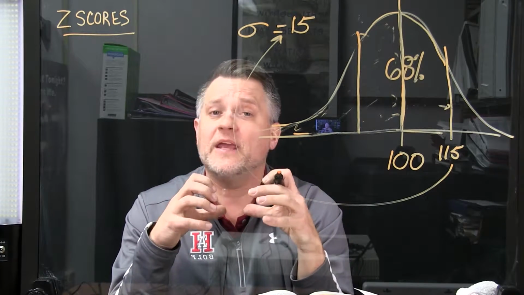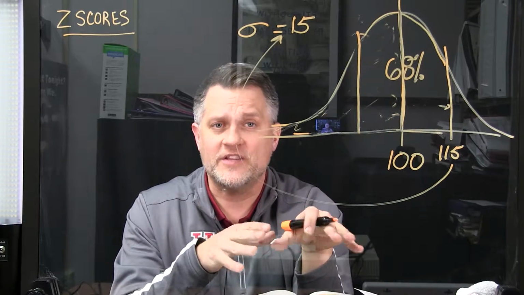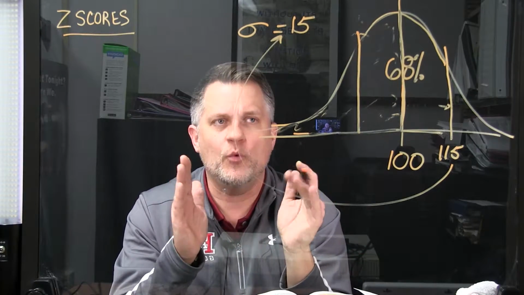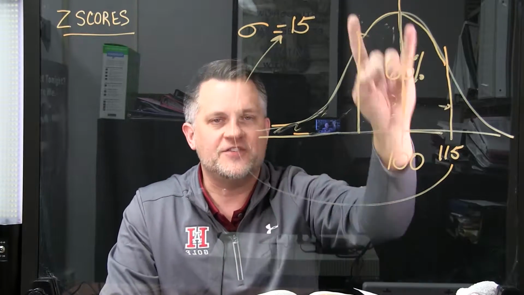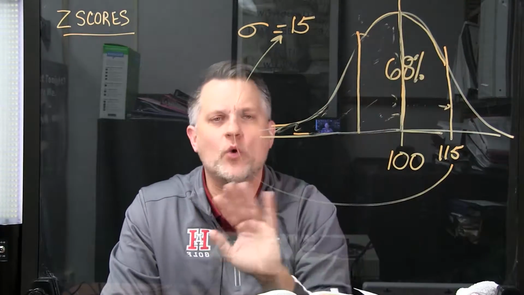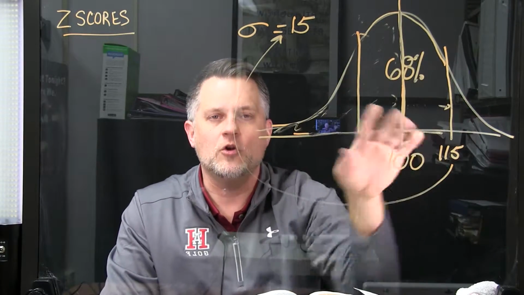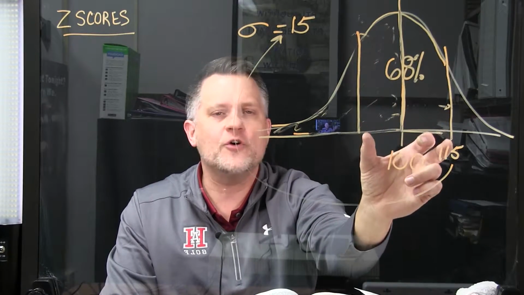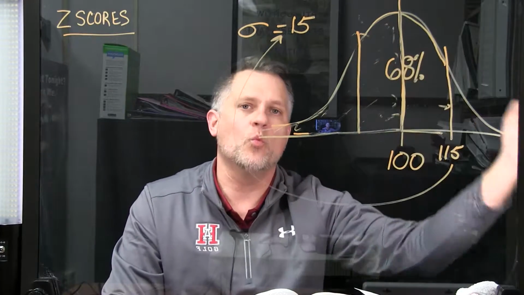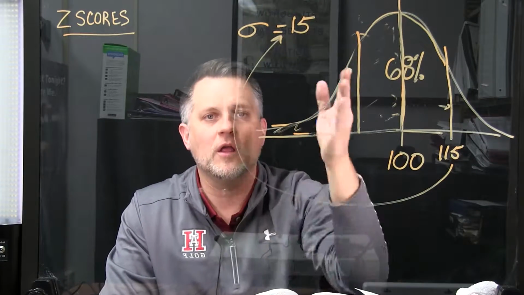There's a mighty big calculation in your statistics textbooks that demonstrate or prove this, but we don't need to do that. We could say with certainty that 68% of all observations, no matter what it is that we're measuring, as long as the data is normally distributed, will be between one standard deviation above and one standard deviation below the mean.